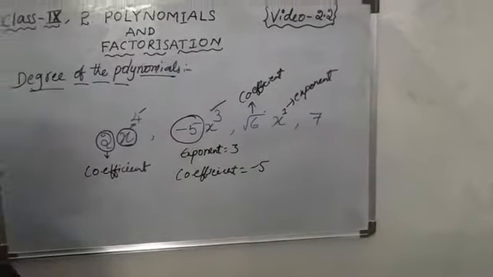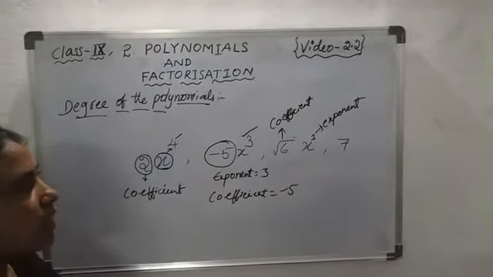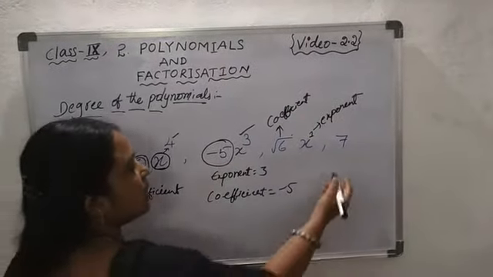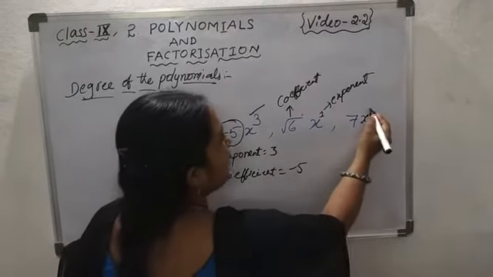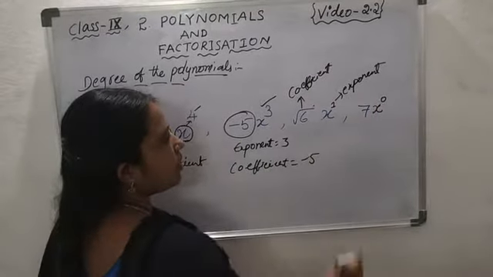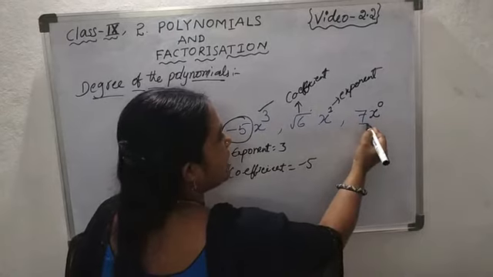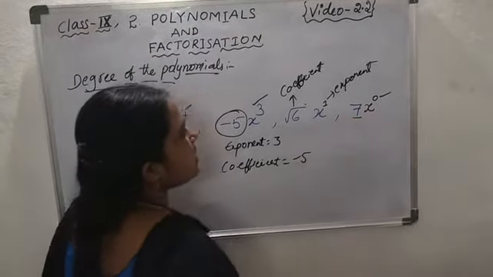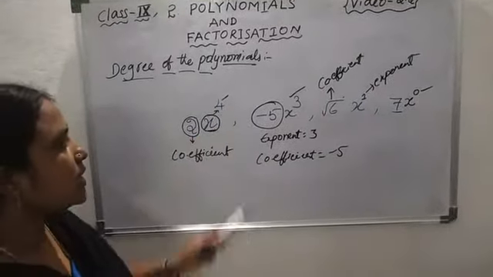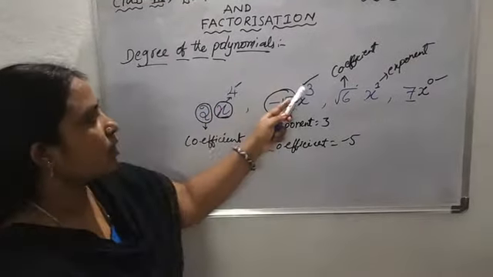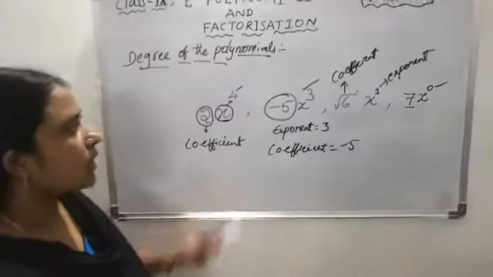How can we identify the coefficient and the exponent? If there is no variable, we take any variable as we like and take the power as 0. Here the coefficient is 7 and the degree is 0. Okay children? These exponents are also called the degree: 4, 3, 1, 0.